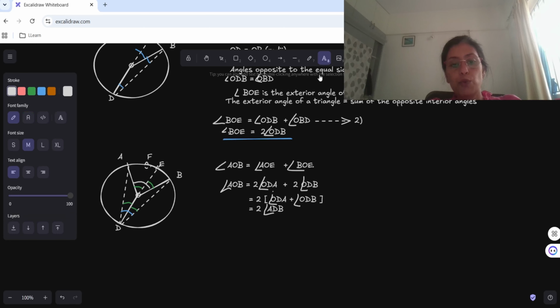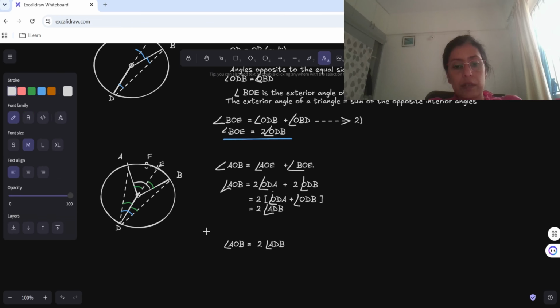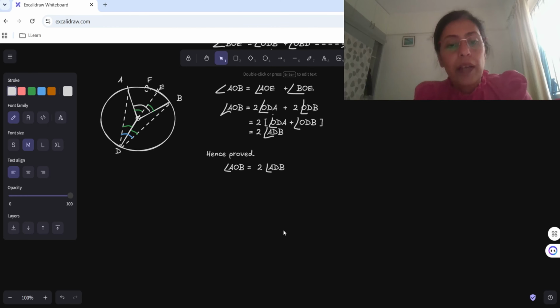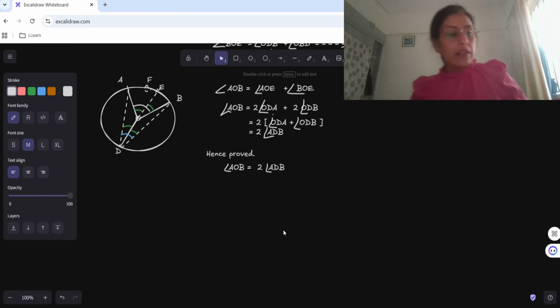So we have proved here AOB is equal to twice of ADB. So we'll say hence proved. Okay, and now we can write our theorem 9 with this.